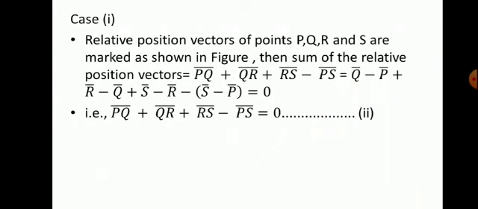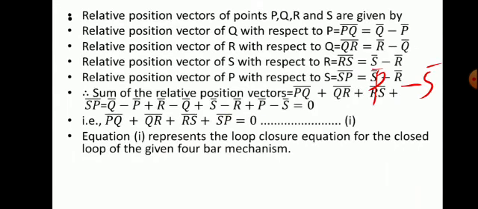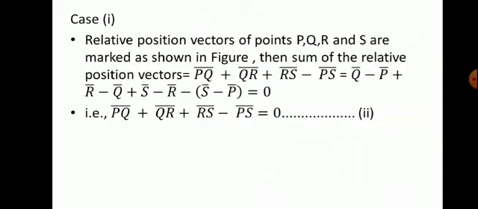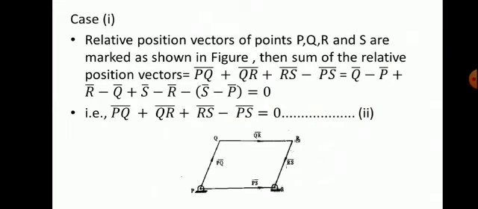Now case 1 is: relative position vectors of points P, Q, R and S are marked as shown in the figure. Then the sum of the relative position vectors we can see: PQ, QR, RS and PS.